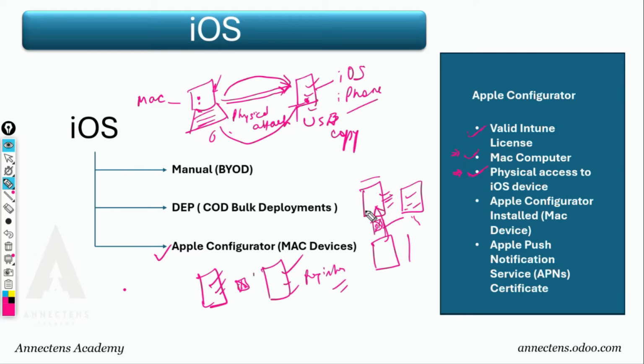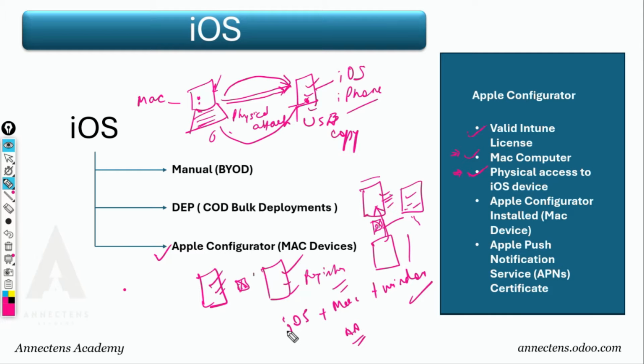To be very frank, this method is really not being used currently. But I'm telling you in case any organization is still using it, so you can at least tell them what the criteria should be and how to configure it.